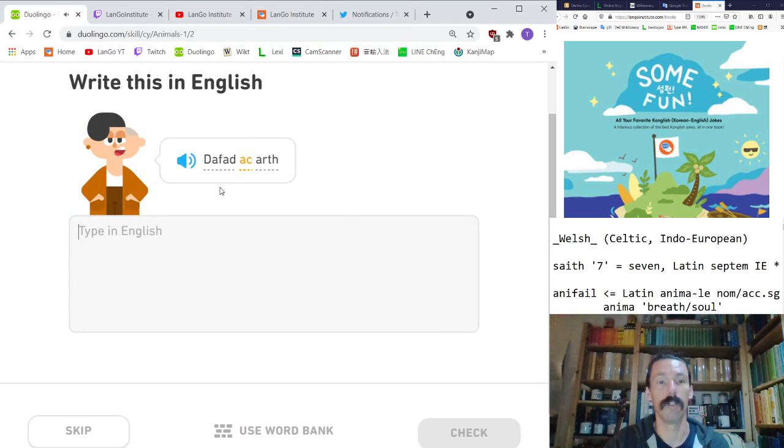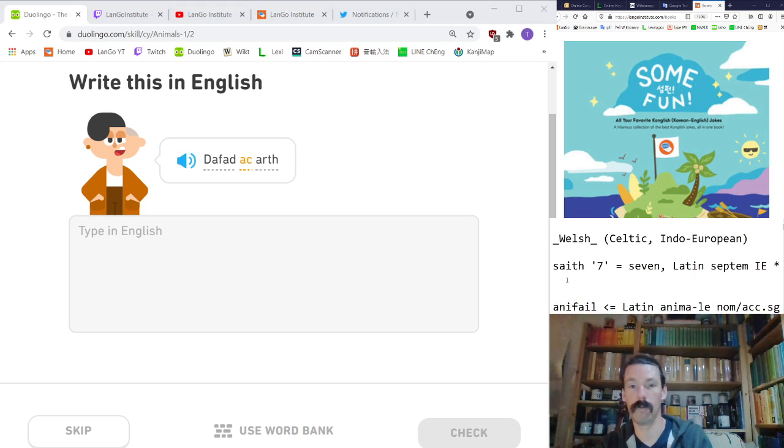Dafad ac arth. Here it is again, that sheep word. Dafad ac arth. Arth, the bear. Arth is related to bear, the animal, not the verb. So it's a cousin word of ursus, Latin. That's where we get Ursa Major.